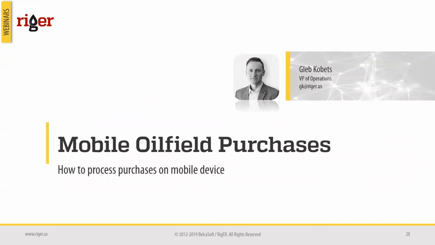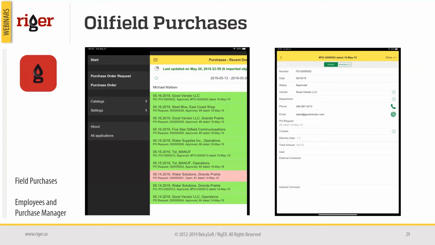Okay, good. So the next hot topic, which is pretty much expected from our existing clients and newer clients, is our mobile oilfield purchase application that we have delivered just recently. It's actually a very simple application designed only for purchase purposes. Your field personnel can open this application, and they have only two documents, which are the purchase order request and the purchase order.